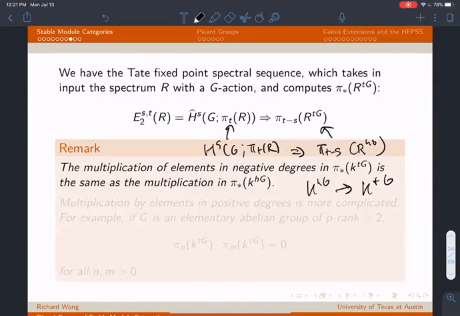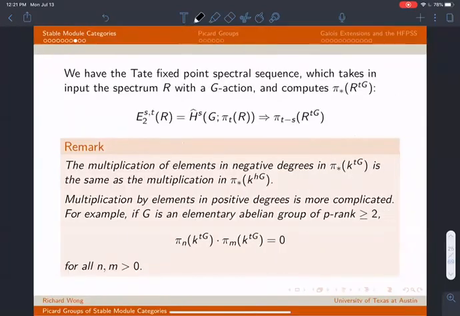However, multiplication by elements in positive degrees is more complicated. So for example, if G is an elementary abelian group of rank n bigger than 2, so if G is isomorphic to Z mod p to the n, it turns out that multiplication of any two elements in positive degree is always going to be 0.